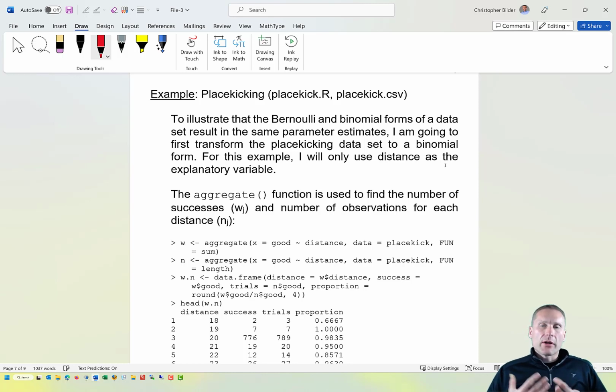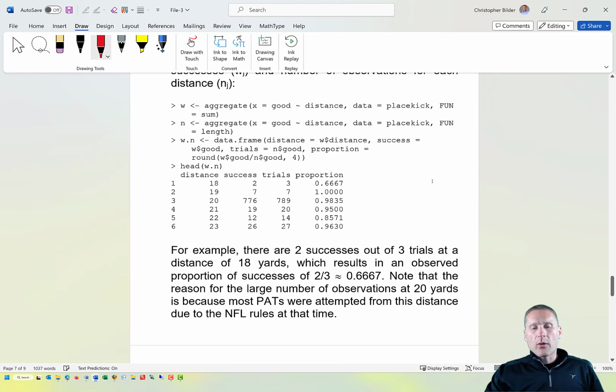Okay, so we're going to go back to using the place-kicking data set, and I'm going to transform my data from a Bernoulli response format to a binomial response format where I have distance as the only explanatory variable. So in the end, this is what I want my data to look like, and I'll explain how I get this shortly. At a distance of 18 yards, there were a total of 3 trials.